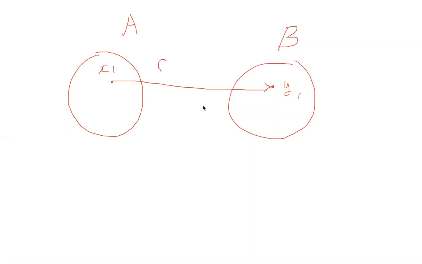So f of x1 is equal to y1, where x1 is in A and y1 is in B. The same function could map multiple elements to the same element. So f of x2 is equal to y1.